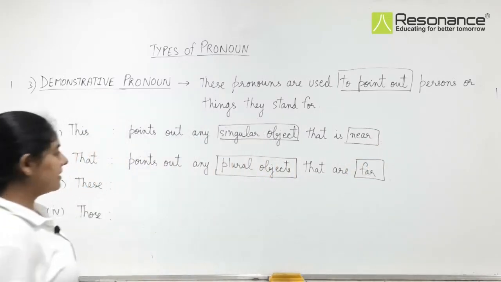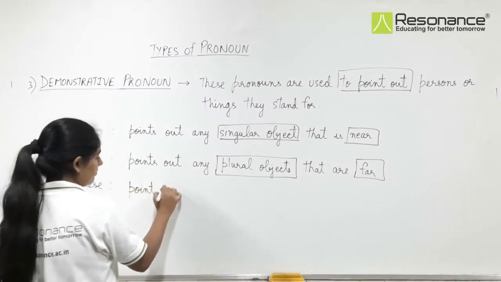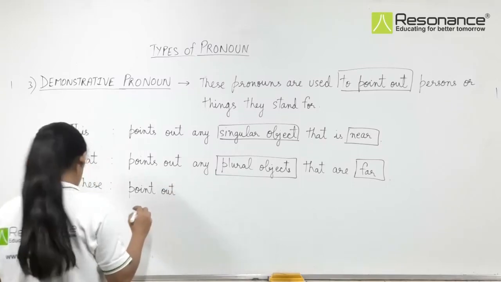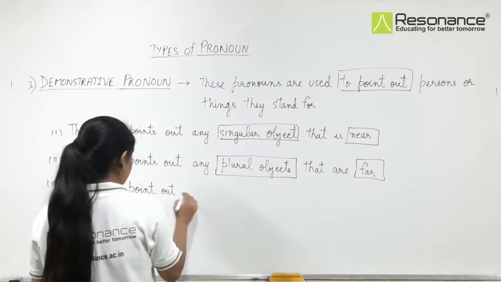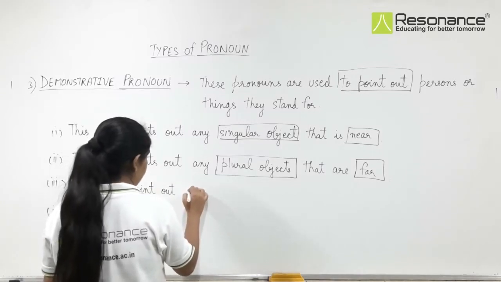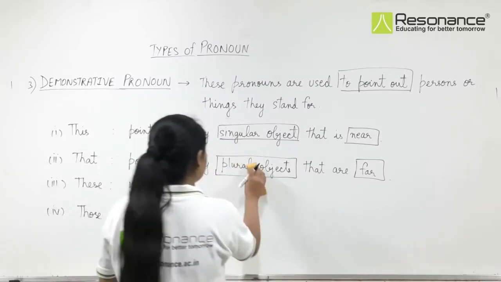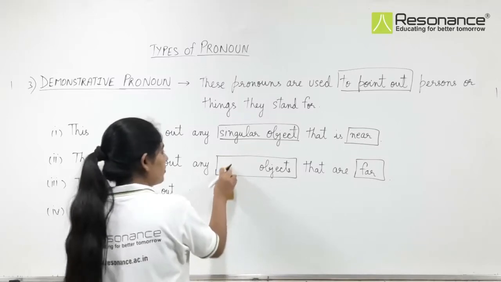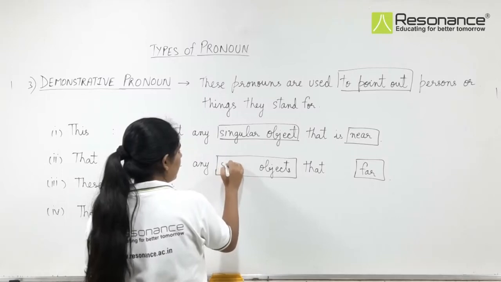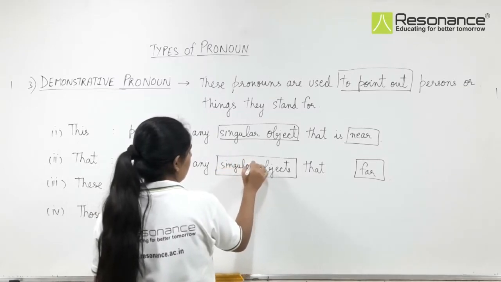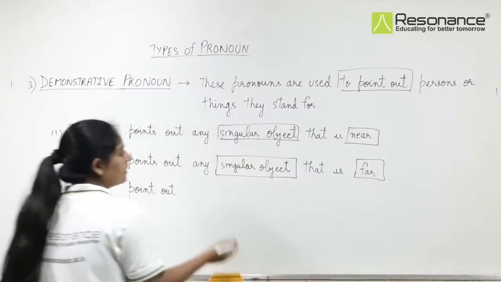Then these, why do we use these? To point out, sorry, here it will be singular only, I am so sorry. That is also used to point out singular object that is far. Fine, that is far.